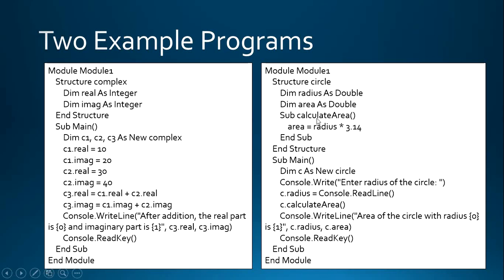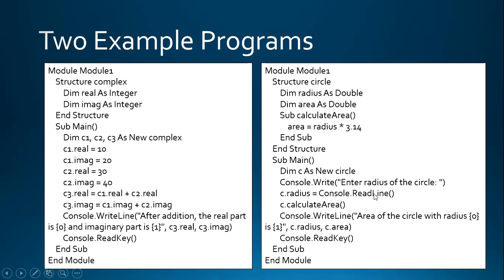Because we are doing some calculation here, any calculation that you want to set for this structure, you can also provide it in the structure itself. After this, you close the structure by using the End Structure statement, and then you start the main program. Inside the main program, you create an object for the structure, Dim c As New Circle, and then ask the user to enter the radius of the circle.